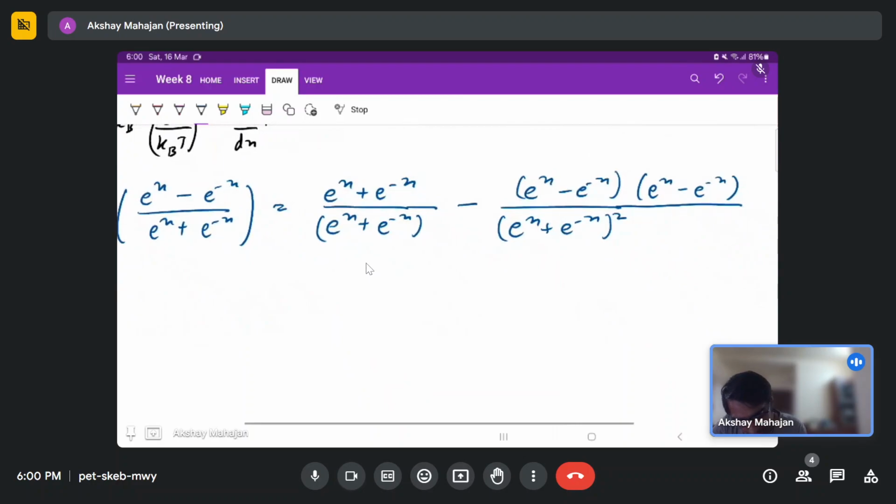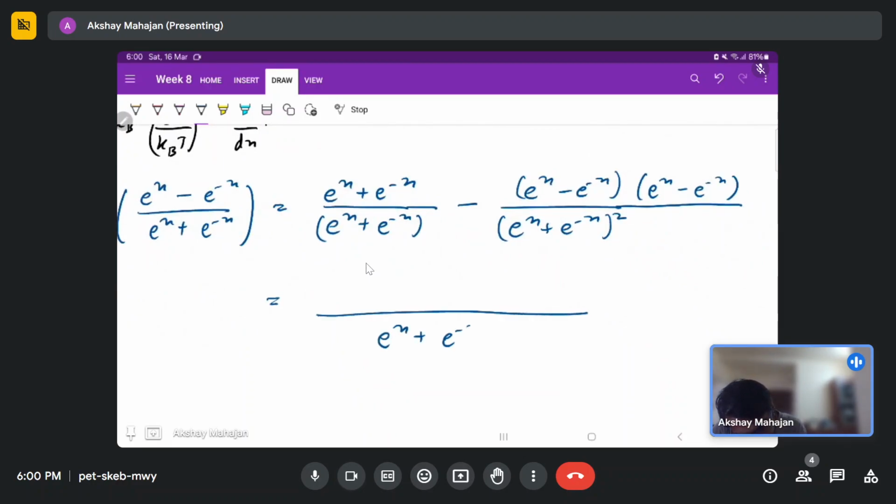So that will give you basically (e to the power x plus e to the power minus x) whole square minus (e to the power x minus e to the power minus x) whole square.